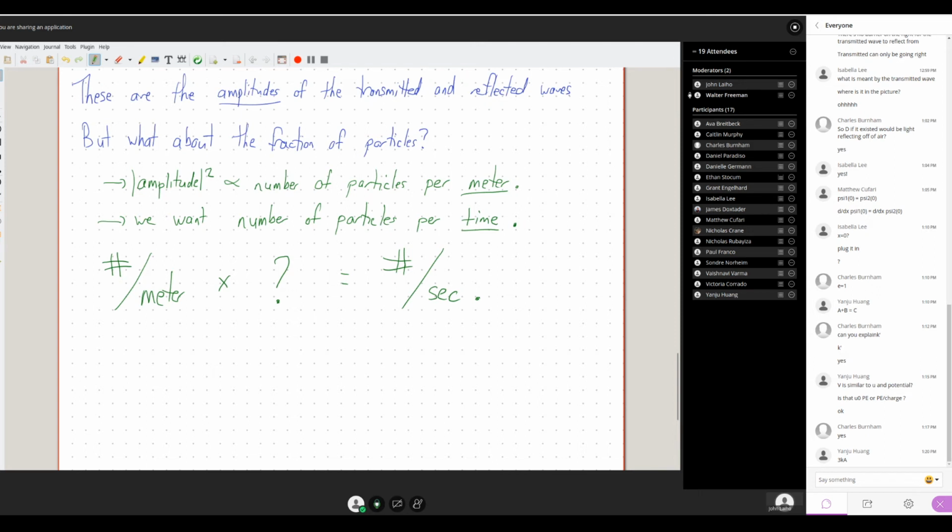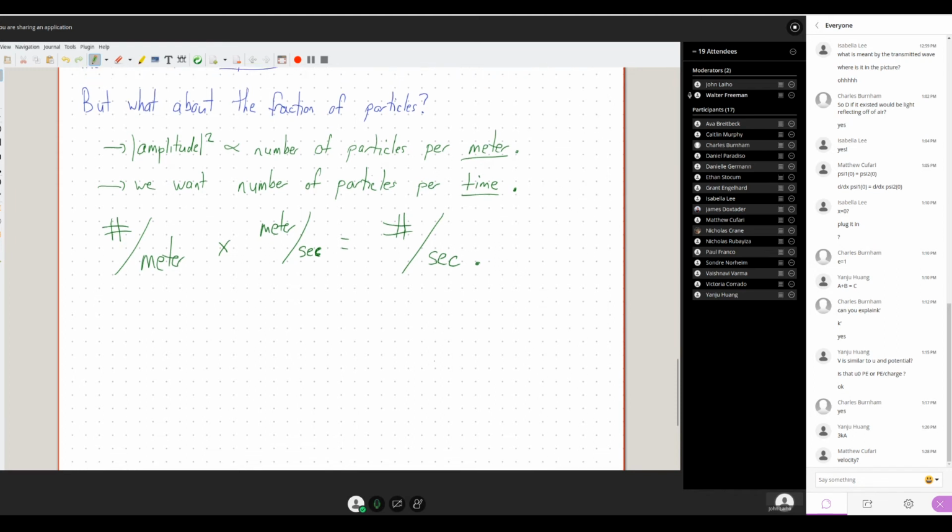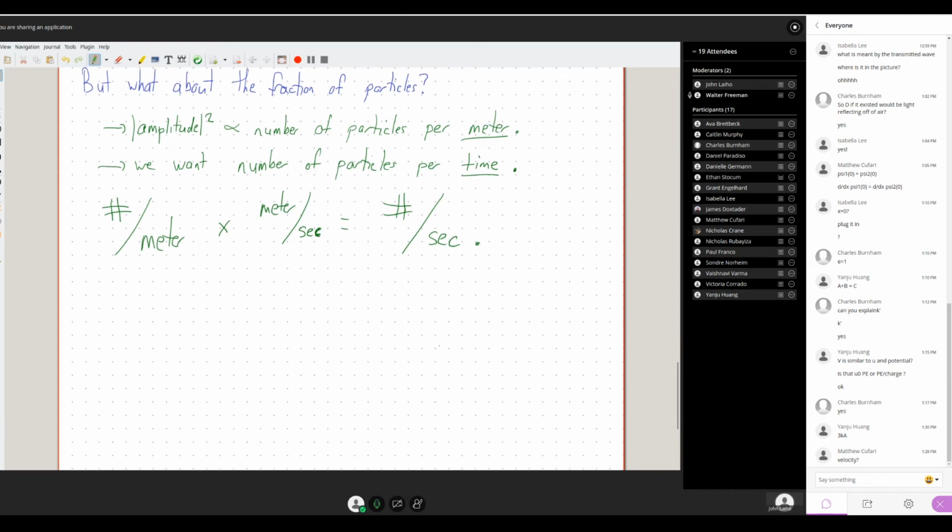What goes in that question mark? Velocity. Yeah, because that's got units of meters per second. And so this here is just velocity.